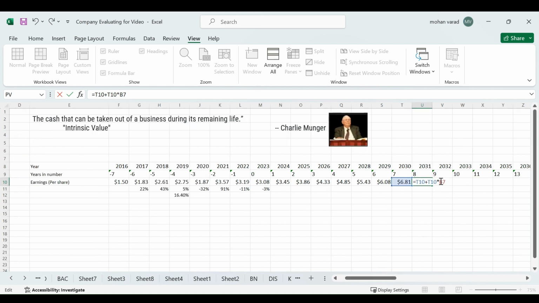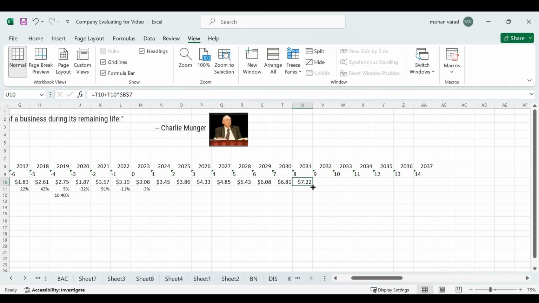We are going to add a dollar sign to the B and to the 7, so $B$7, to lock in that number. Let's drag it out a couple more years to 14. So in year 14, in 2037, if the earnings per share growth rate remains at 6%, the earnings per share will be $10.24.